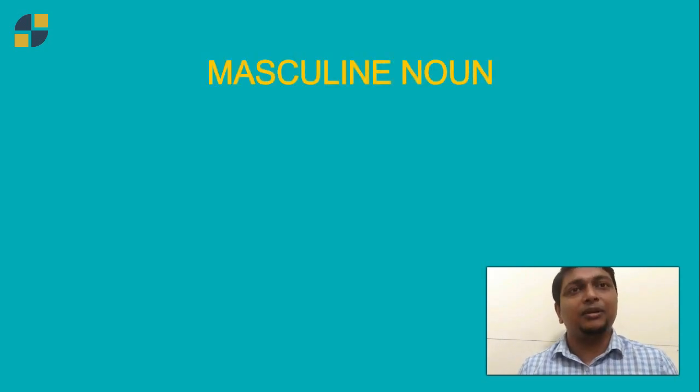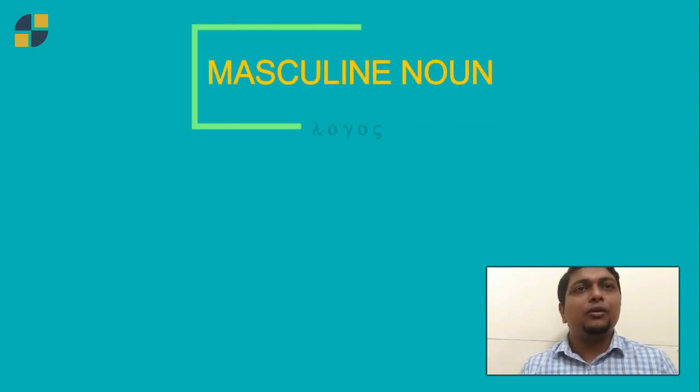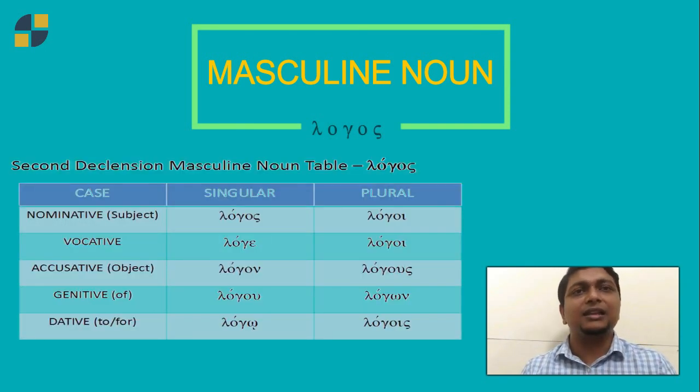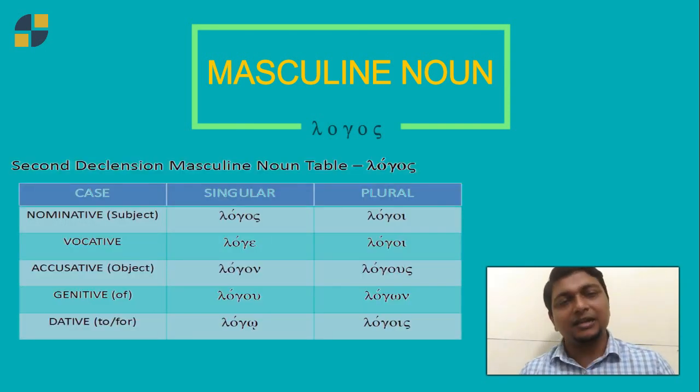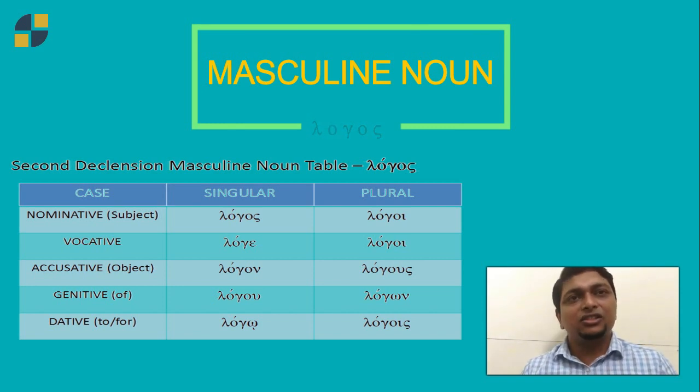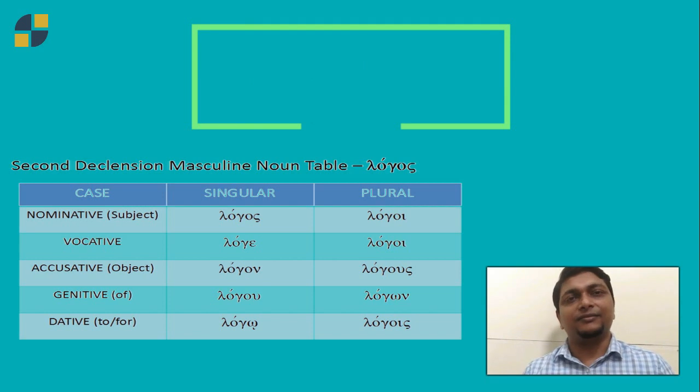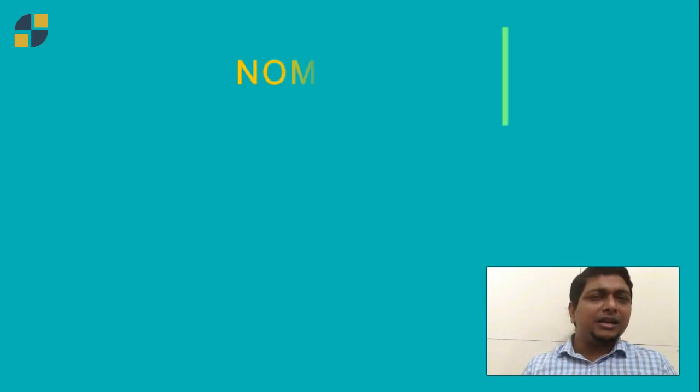As we have already learned the masculine noun table, we know the five different cases that we have in it: nominative, vocative, accusative, genitive, and dative. What is a nominative case?